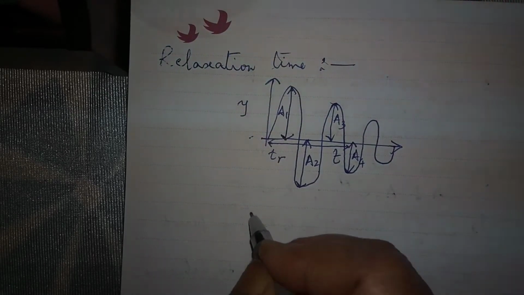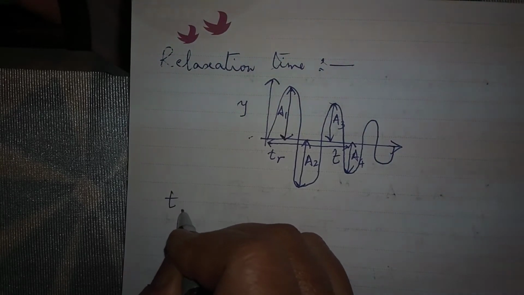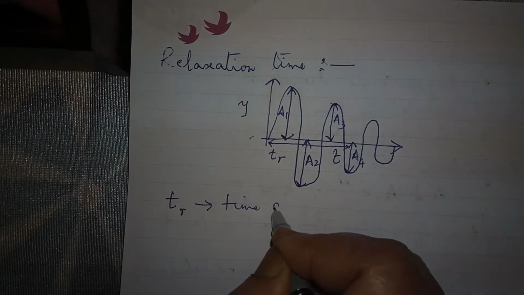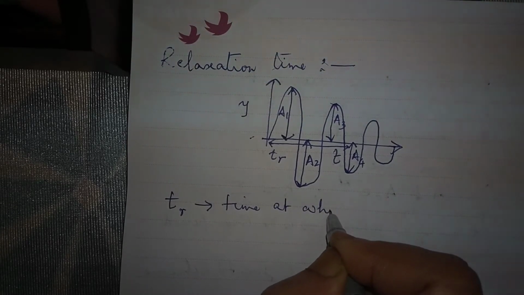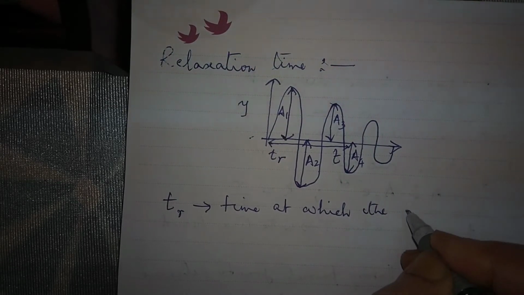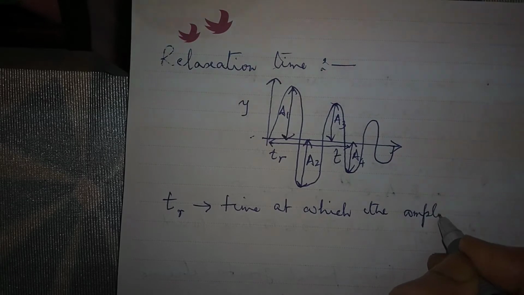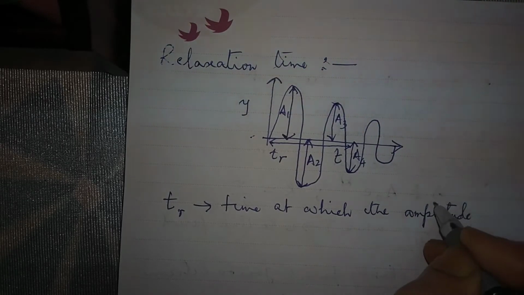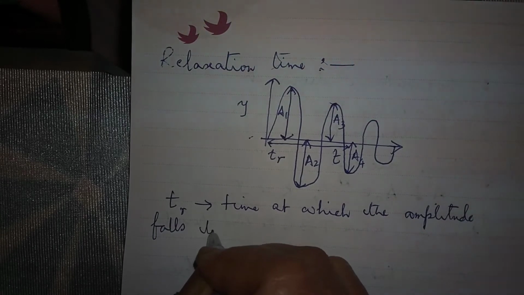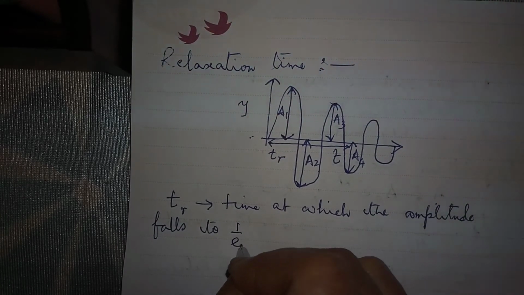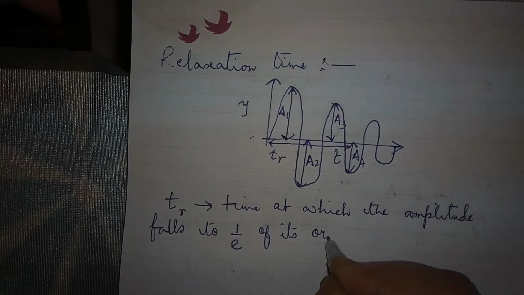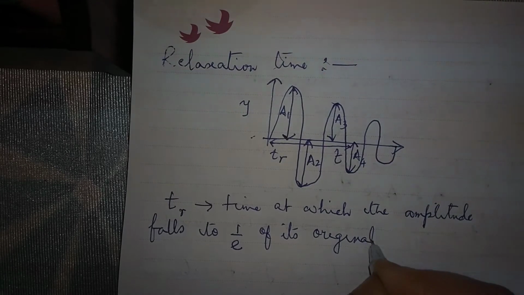So TR is the relaxation time at which the amplitude falls to 1 by E of its original value.